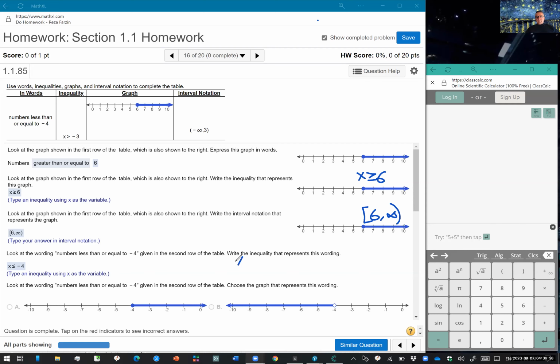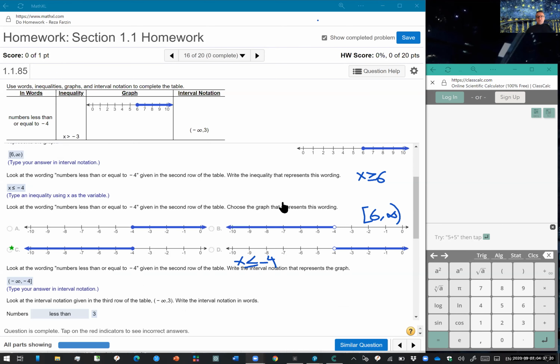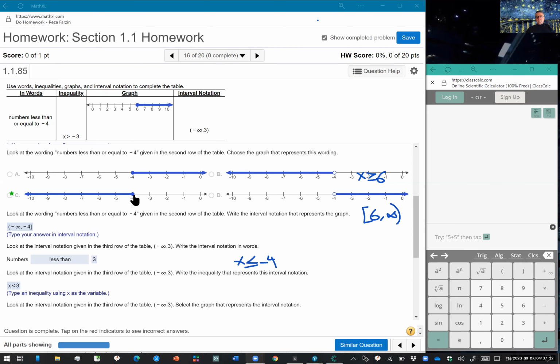That's all x less than or equal to -4. Does that make sense? And it says, look at these numbers that are less than or equal to -4 given in the second row of the table. Choose the graph. So you just want to now pick the graph that represents it. Of course, you're going to want to find -4 with a full circle because it's included, and then everything to the left, etc.